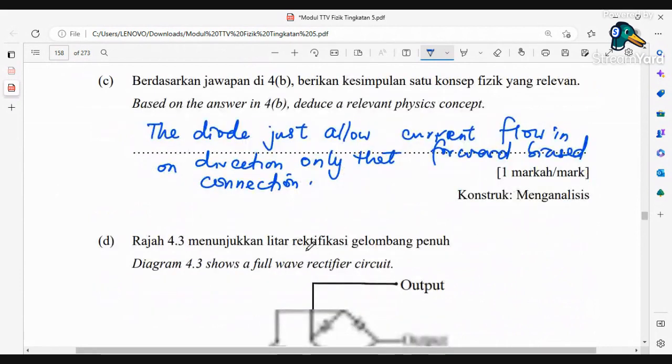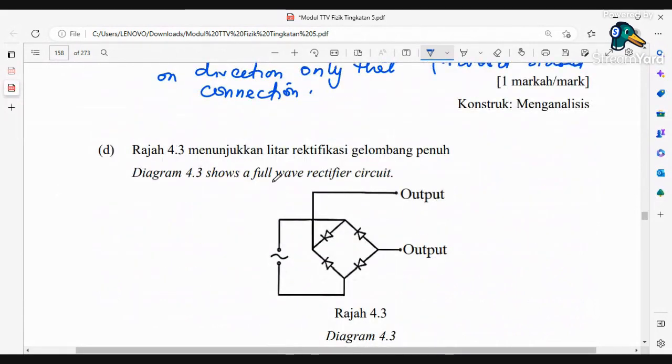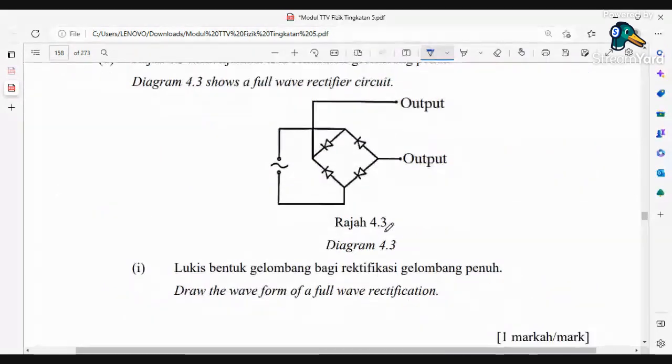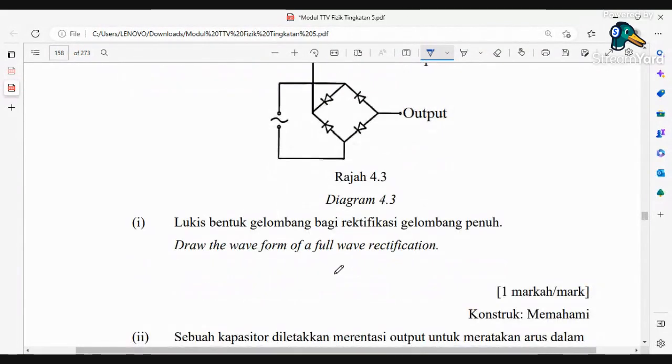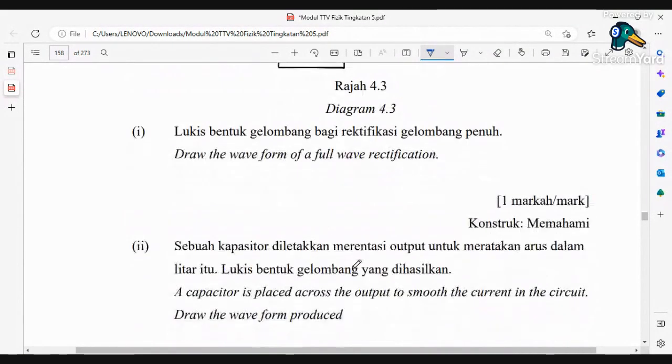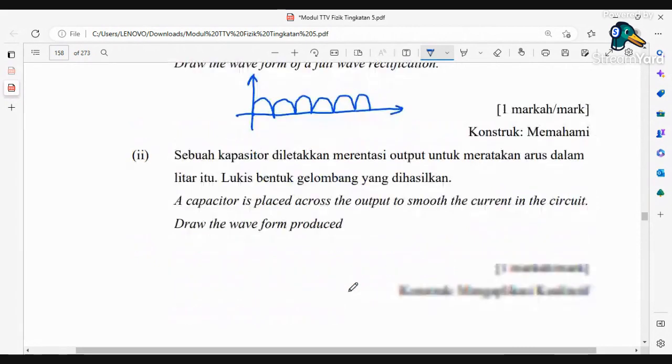Okay. Diagram 4.3 shows a full wave rectification. Draw the waveform of the full wave rectification. Okay, as we know, the full wave means the negative part will also be reversed. So it means like this. This is the full wave rectification. Okay. A capacitor is placed across the output to smooth the current.